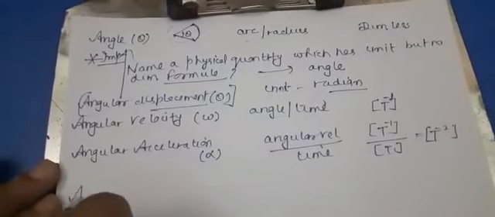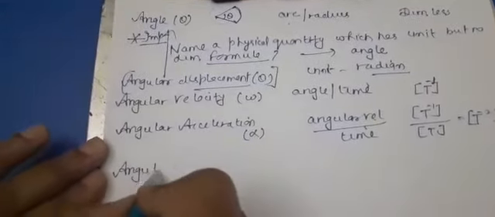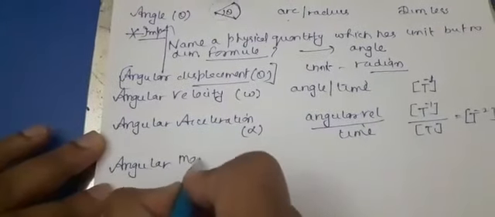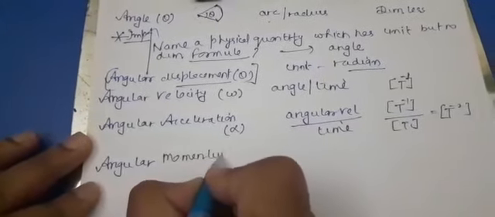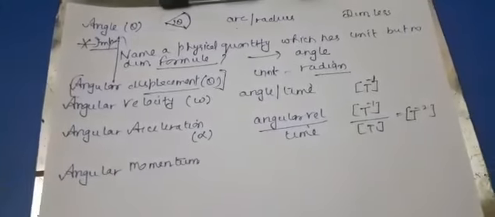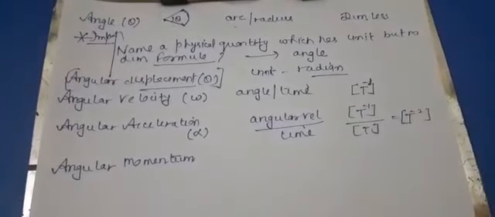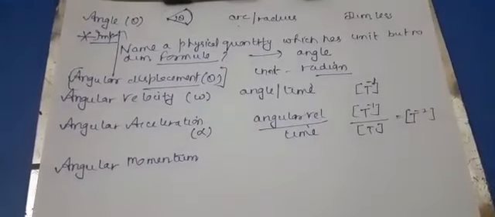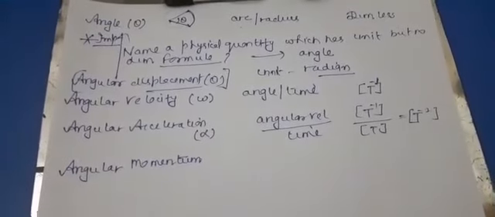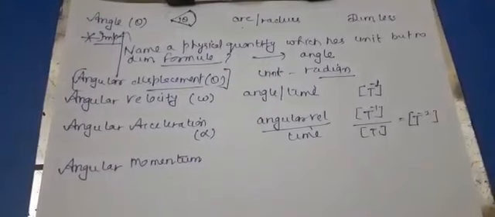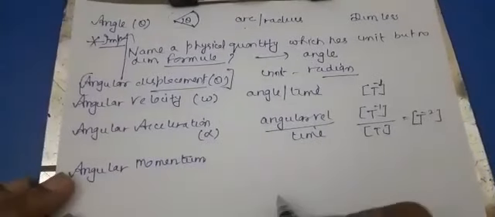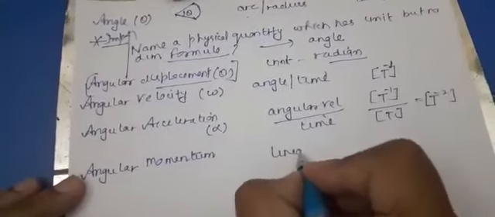Then after this, angular momentum. Angular momentum basically, first of all, you know what linear momentum is. Linear momentum is mass into velocity. Now angular momentum is related to linear momentum. How?